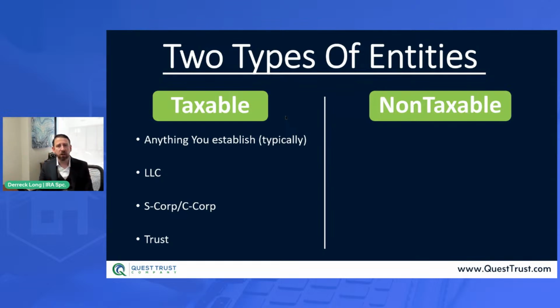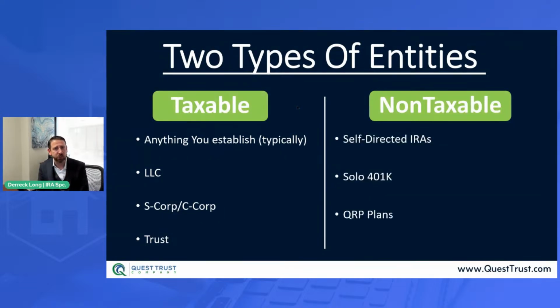Sure, all of those can be considered non-taxable. But did you know a self-directed IRA, a solo 401k, or a QRP plan are also considered non-taxable entities? As a matter of fact, many times they have to file the same tax return a church would. So think about that for a minute. I can use my self-directed IRA and make the exact same investments you're already considering, while avoiding all of the taxes.